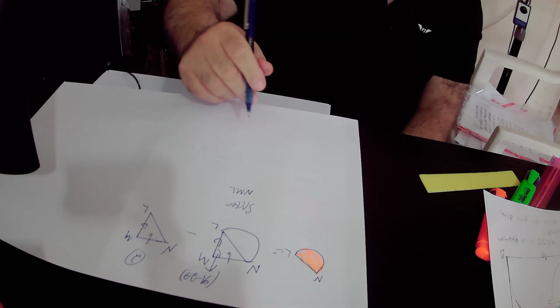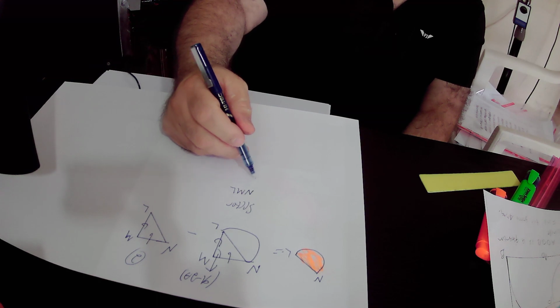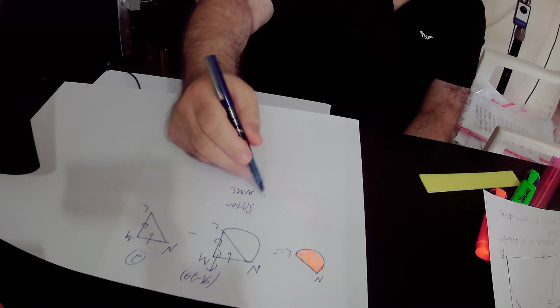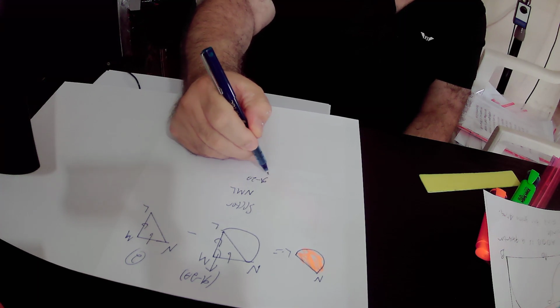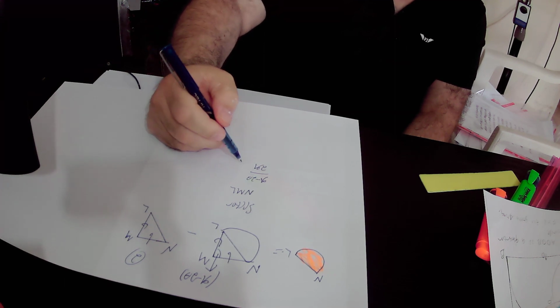So here, again, the area of sector NML will be equal to the ratio between the angle between its legs, that is pi minus 2 theta over 2 pi, 2 pi radians is 360 degrees.